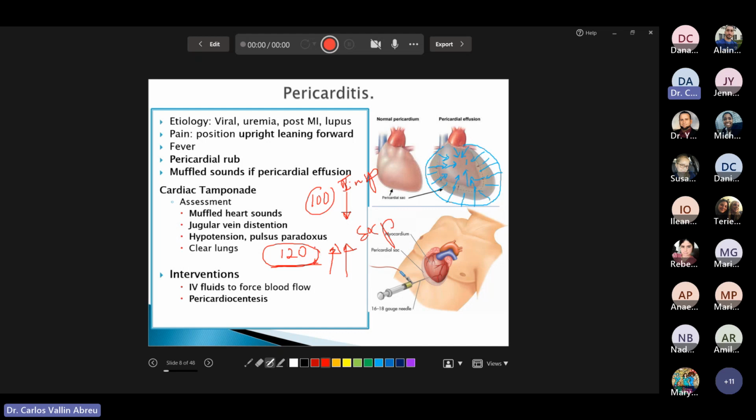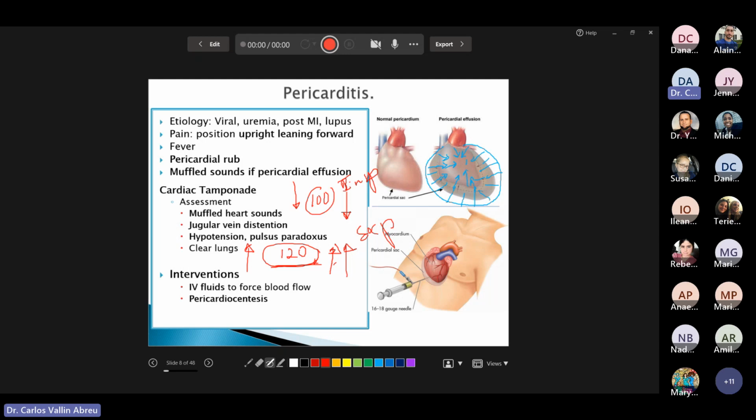So what you are going to notice is that when the patient breathes in, the radial pulse that you are palpating becomes very weak or difficult to palpate. But when the patient breathes out, this radial pulse becomes strong again.